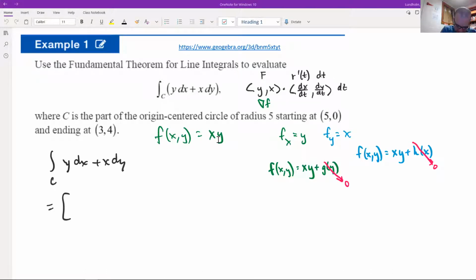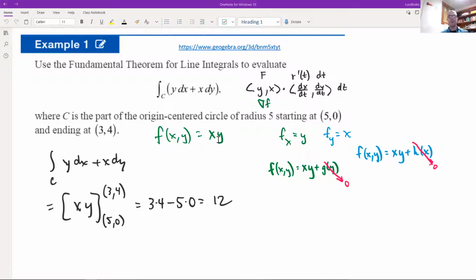Maybe we go like this: xy from starting at 5, 0 and ending at 3, 4. This turns into 3 times 4 minus 5 times 0, which is 12. Not a ton to do there, but we found a potential function for this gradient field.